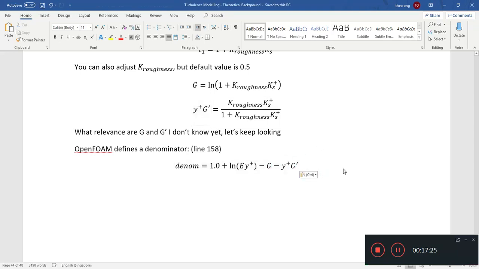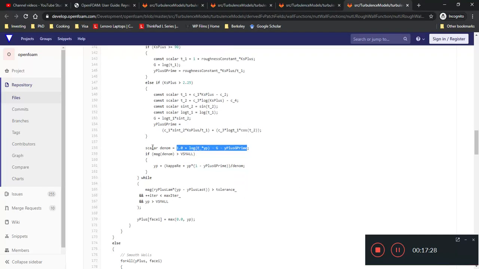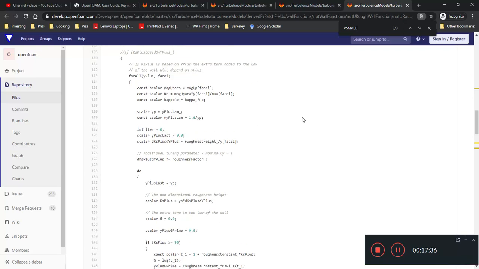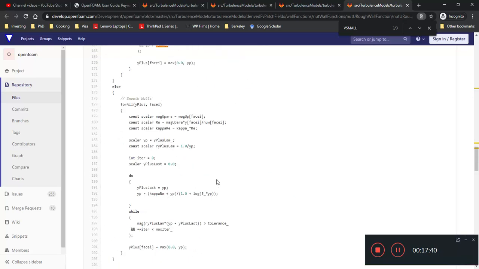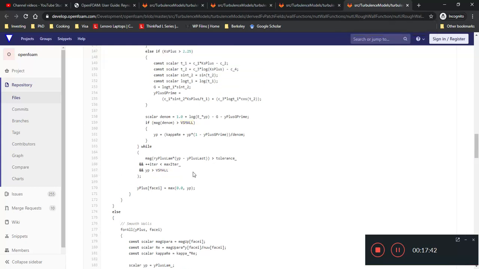So this is a denominator, and then it says if the magnitude of this denominator is more than vSmall, I guess this is just some test factor. I'm not going to bother what that is, but if this condition is satisfied, then we will have y plus equals kappa Reynolds number, plus y plus times all of this.